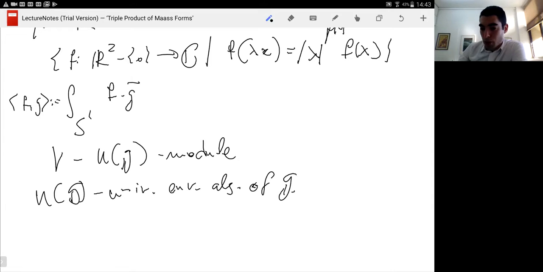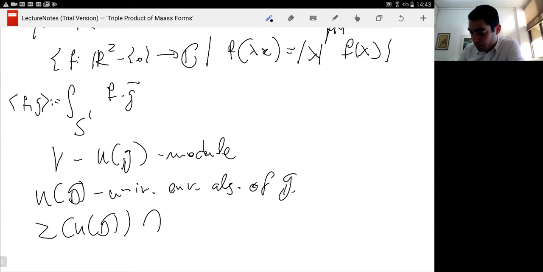So suppose I have a UG module V, and let's think about how the center of the algebra acts on V. Well, it acts by UG homomorphisms.